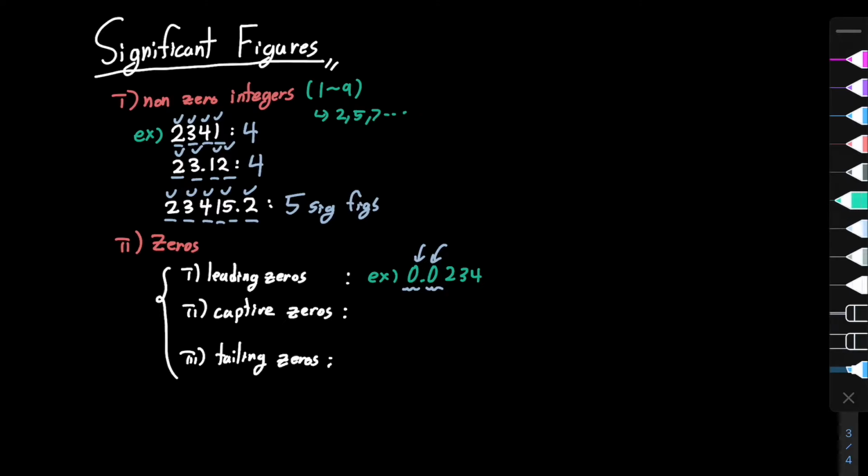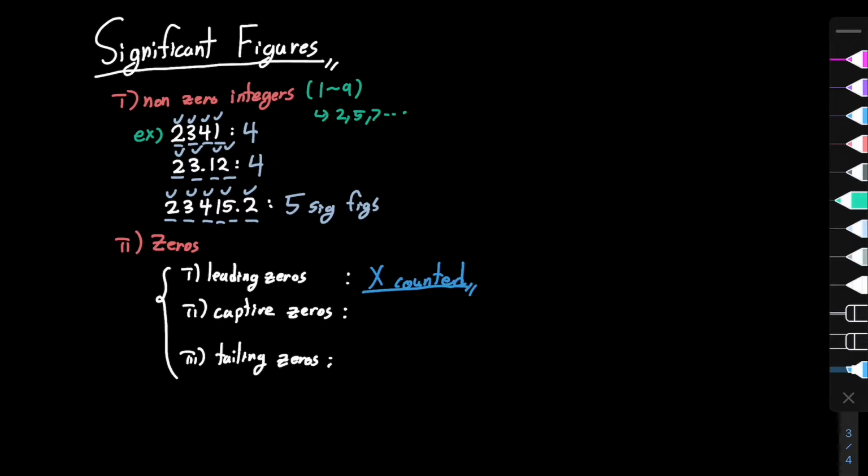If we have another number of 0.00304, the leading zeros in this number would be these 3 zeros here. These would all be considered leading zeros. And leading zeros in any case are not counted as significant figures. They are never counted, no matter what.